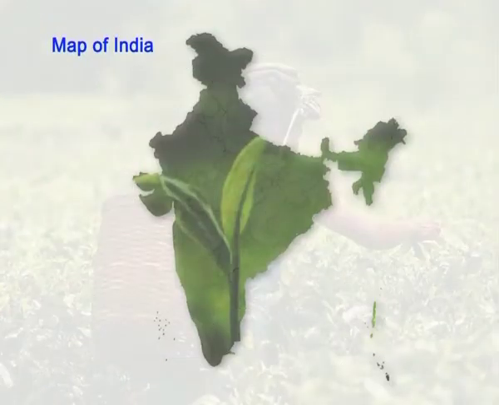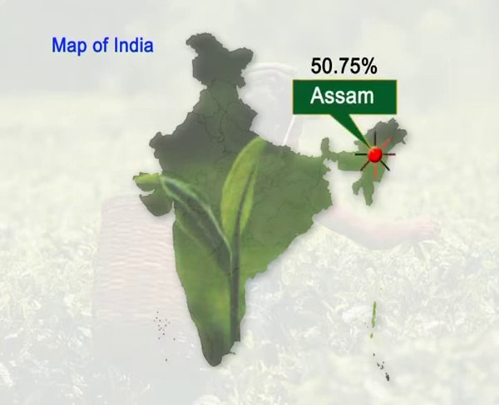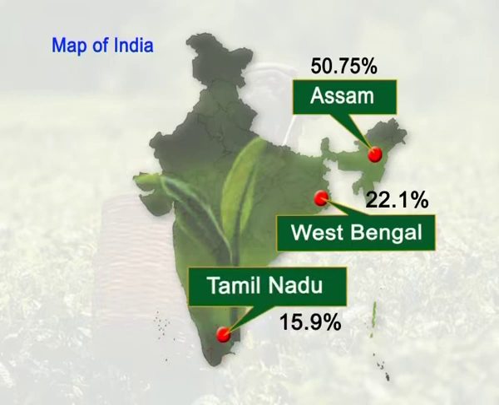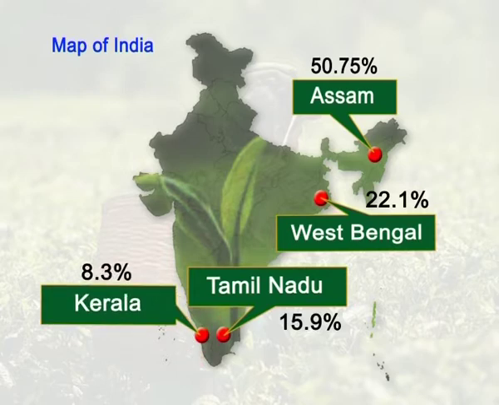northeast. The largest producers of tea are Assam, contributing 50.75%, West Bengal 22.1%, Tamil Nadu 15.9% and Kerala 8.3%.